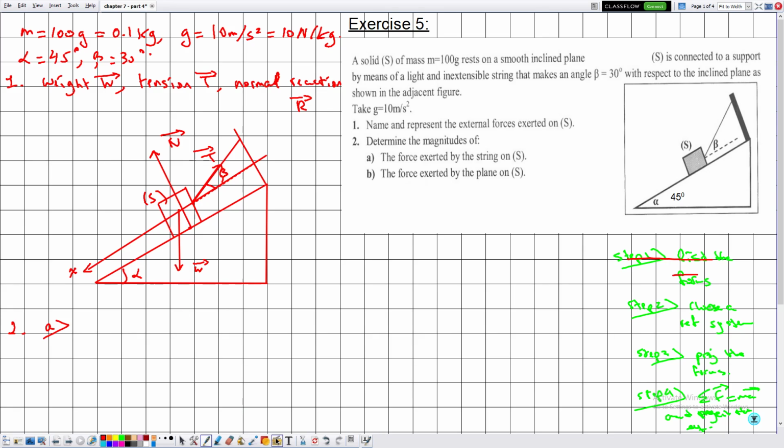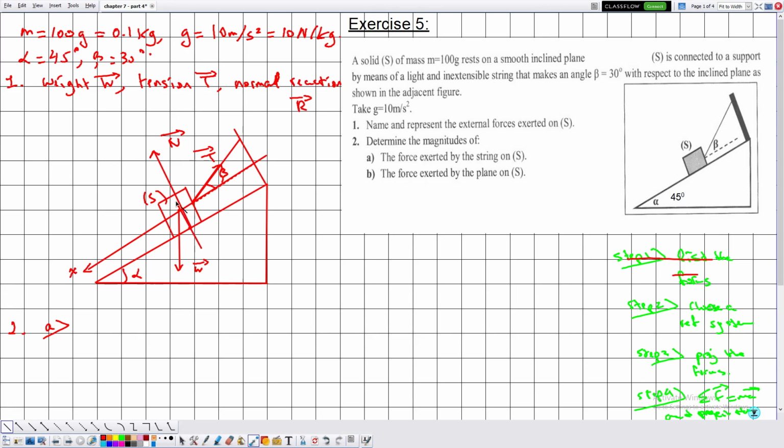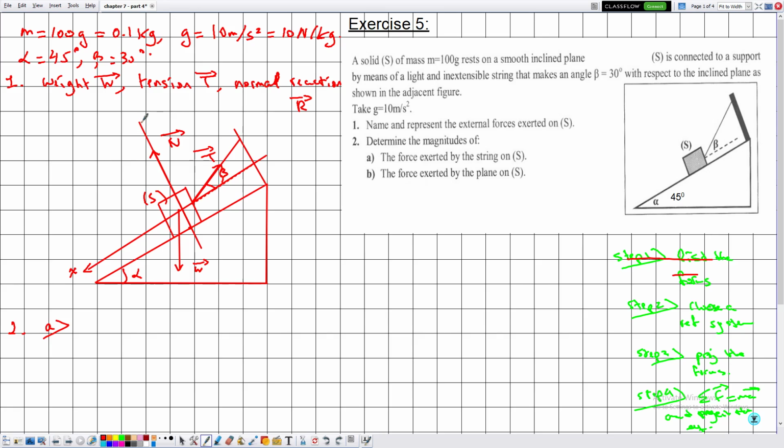As for the y-axis, it will be chosen perpendicular to the x-axis, and the point of intersection between the x-axis and the y-axis is this. So this is the origin O, and this is the positive direction of the y-axis. So we are done with step number 2.